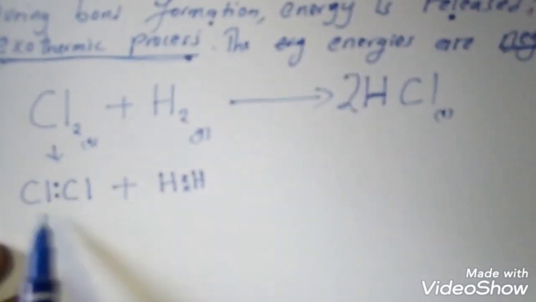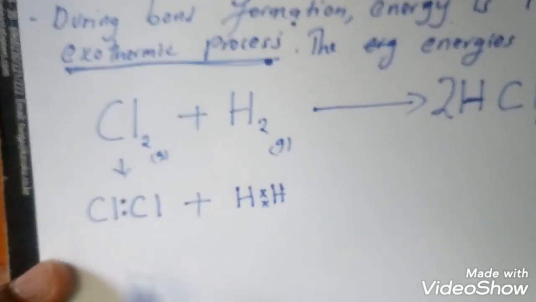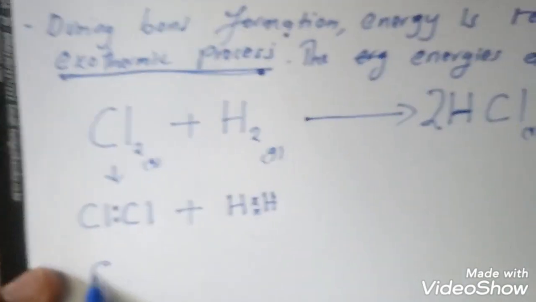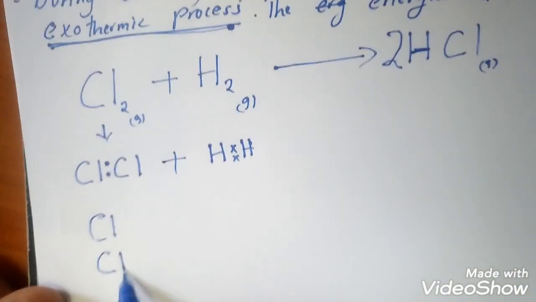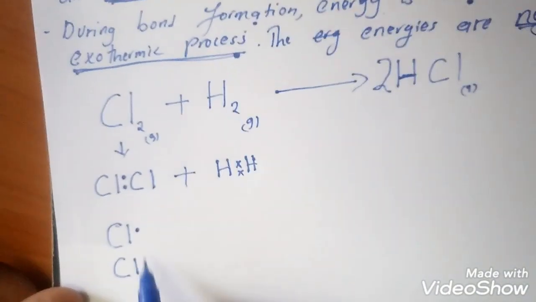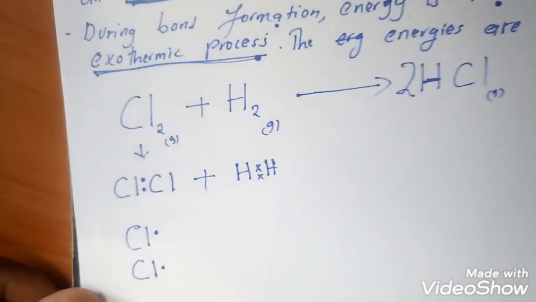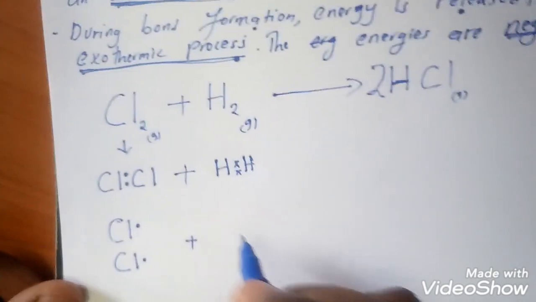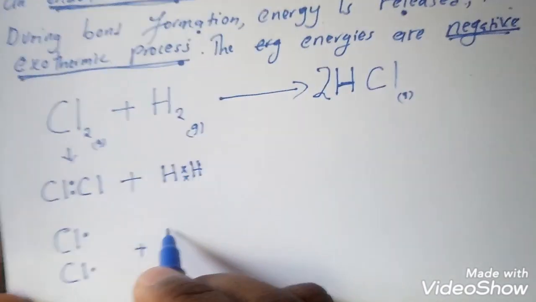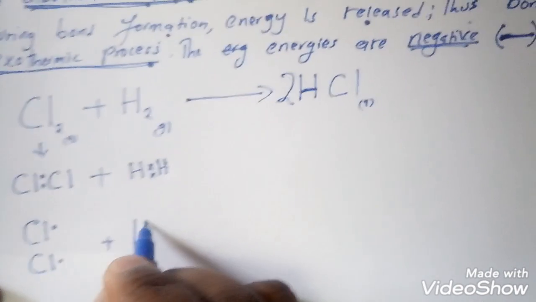Now, when this bond is broken, we are left with individual chlorine atoms, now each with one electron, therefore it becomes highly reactive. Same thing with hydrogen.